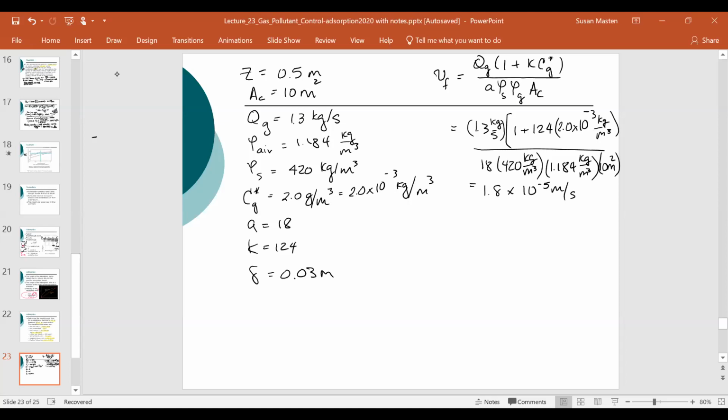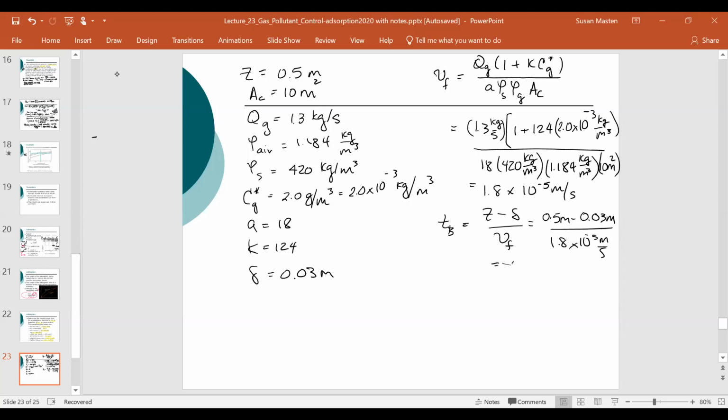What we're asked to find is the breakthrough time. And the equation for the breakthrough time is equal to Z minus delta over the velocity of the adsorption zone. And that is equal to 0.5 meters minus 0.03 meters divided by this 1.8 times 10 to the minus 5 meters per second.